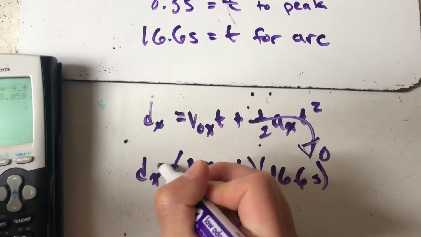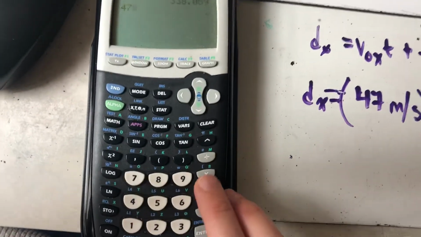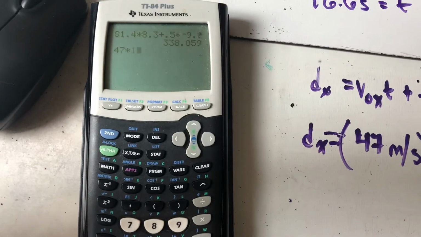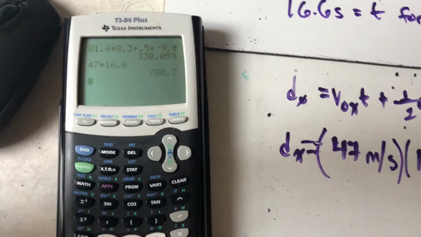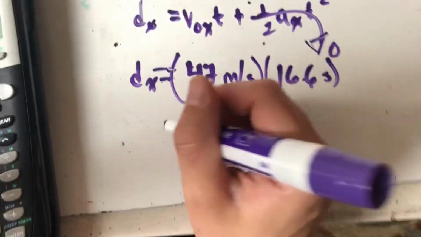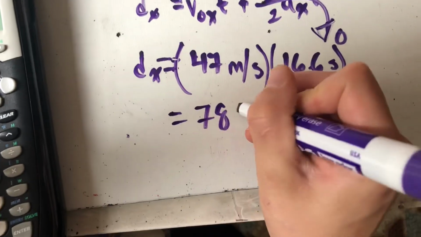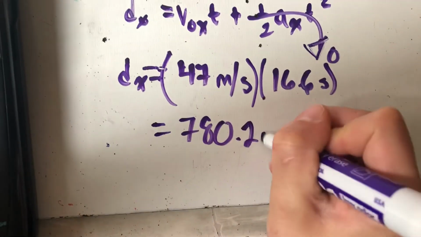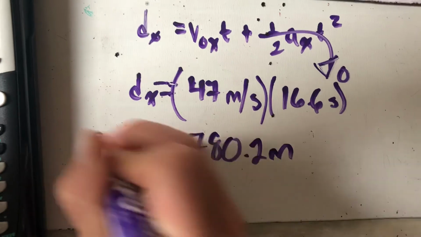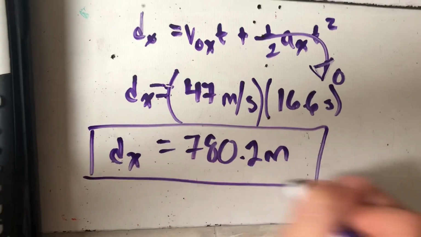And this is very simple, it's like distance equals rate times time. 47 times 16.6 is 780 meters, very far. 780.2 meters is our dx in this case. So you can use this example to solve very similar problems, just with different numbers.